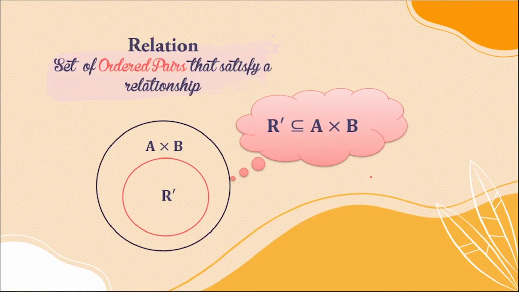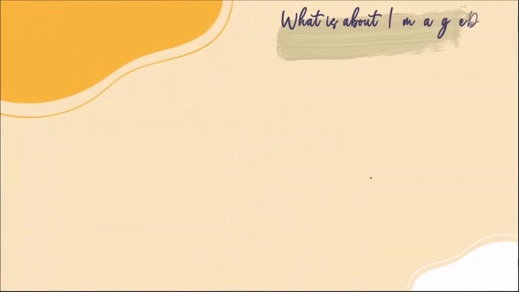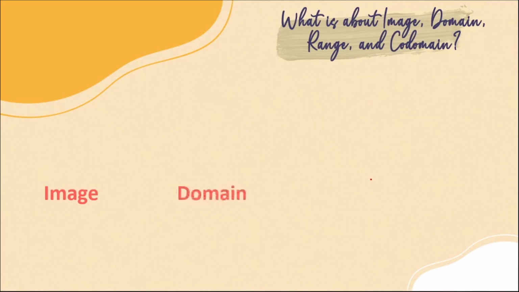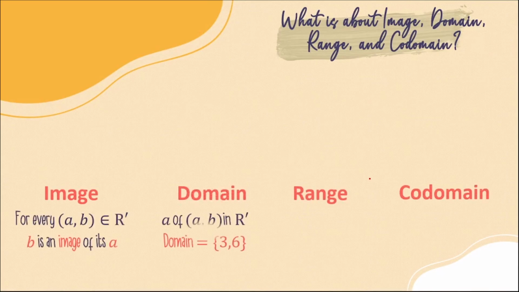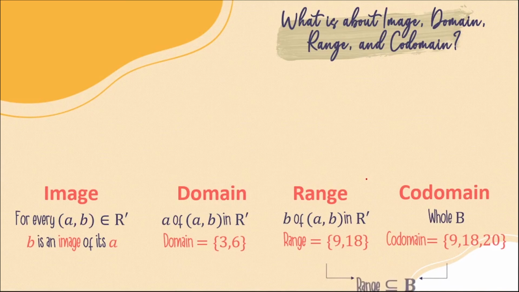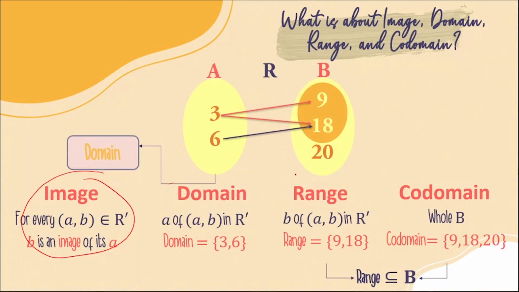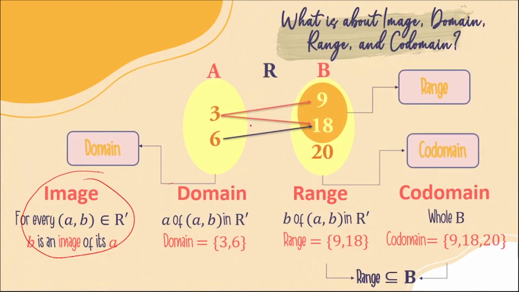Now let's talk about the terms domain, range, and codomain. What is domain, range, and codomain? The first elements form the domain, and all the second elements form the range. What is the codomain here?